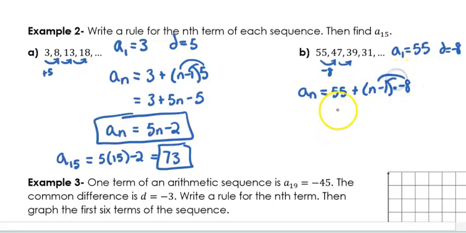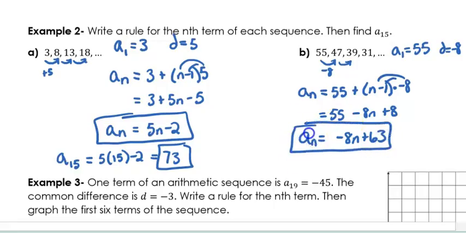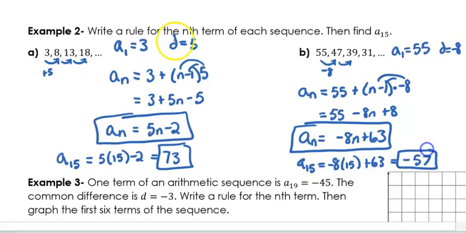We distribute the -8, so we have 55 minus 8n plus 8, and then we simplify, so that gets us -8n, and 55 plus 8 is plus 63. This is our arithmetic sequence. If we want a15, the 15th term, we plug in 15 for n, and we find that it is -57.